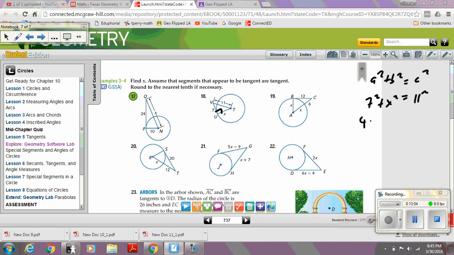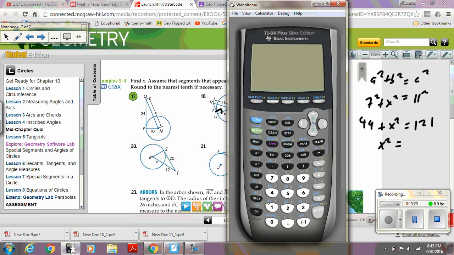7 squared is 49. 11 squared is 121. Subtract 49 from both sides. You would have x squared is equal to 72.